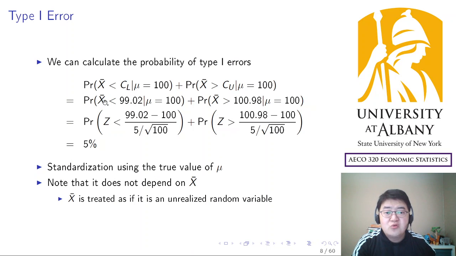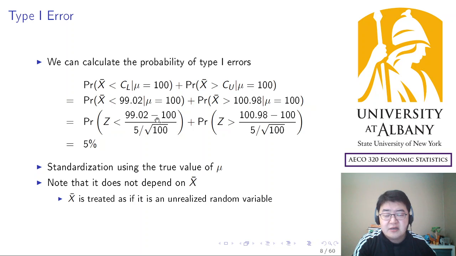So you are going to calculate this probability. This is the probability of rejection when H0 is true. Probability of rejection given that the null hypothesis is true, and the critical values are already fixed. We calculated the critical values, so plug in the numbers, and then standardize the X bar to a standard normal distribution.